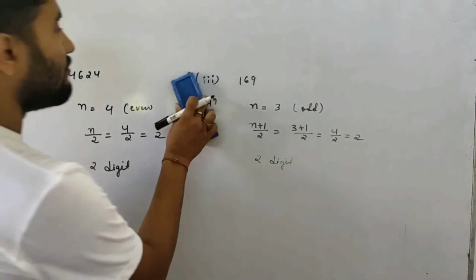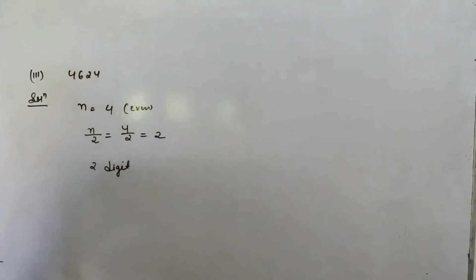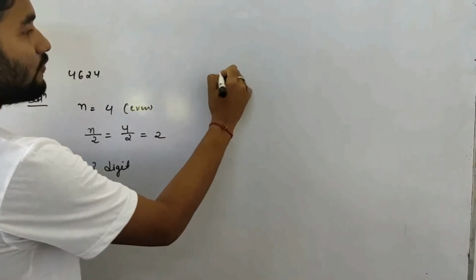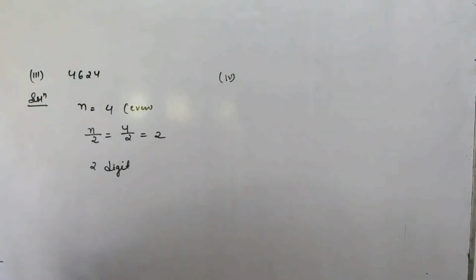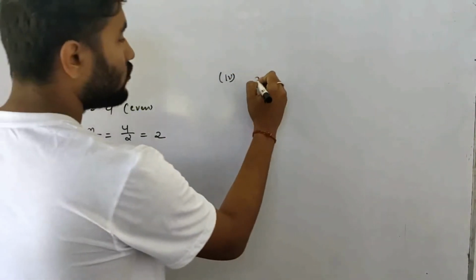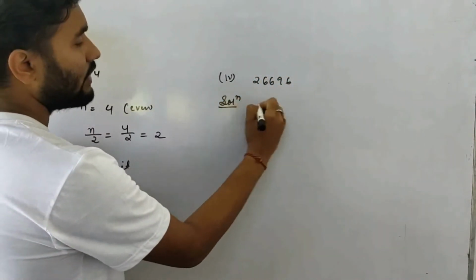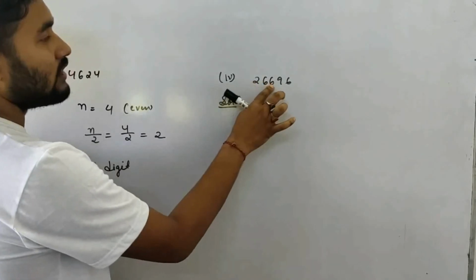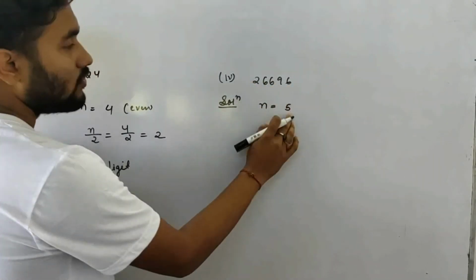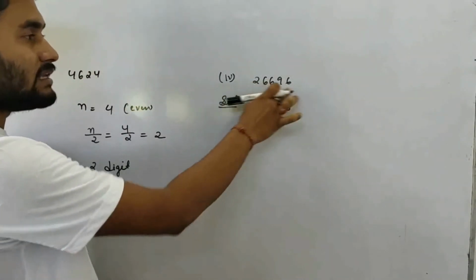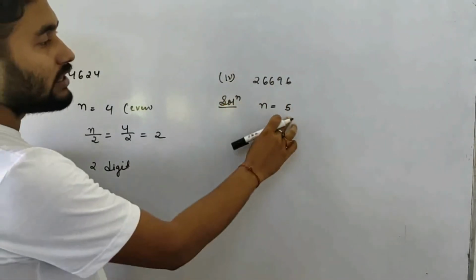Now let us move to question number 4. Question number 4 is how much? 26696. Solution. What is the value of n? 1, 2, 3, 4, 5. 5. Don't look here. This number is even, but we don't need to look at the number. You look here at the digits.